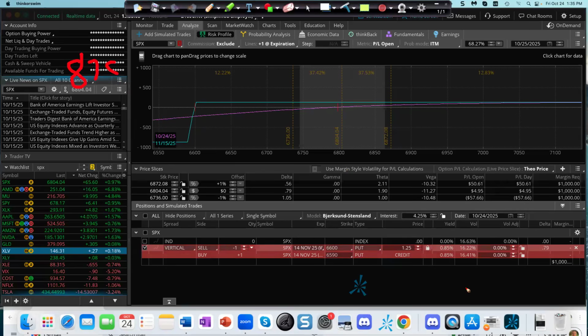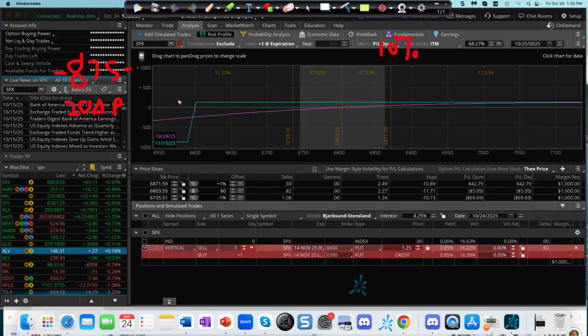So I might have a plan saying, look, I'm trying to make 10%. I'm selling a 20 delta put. So 10% of 875, let's say about $90, right?